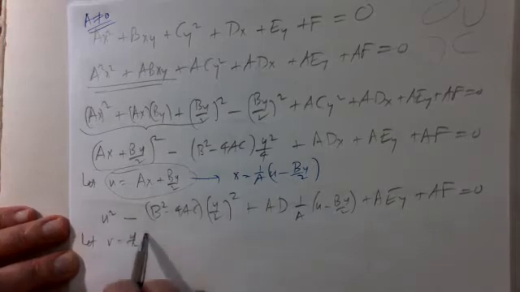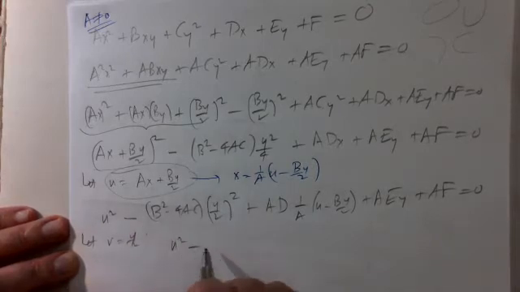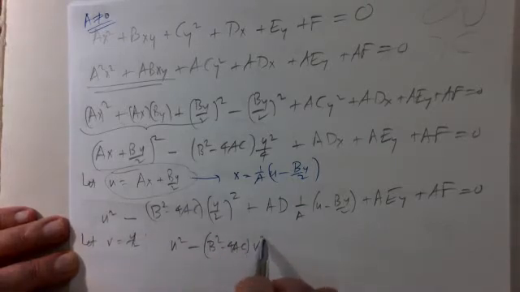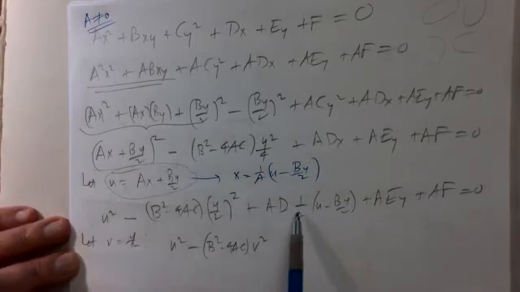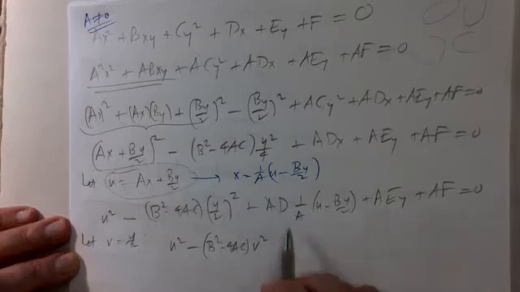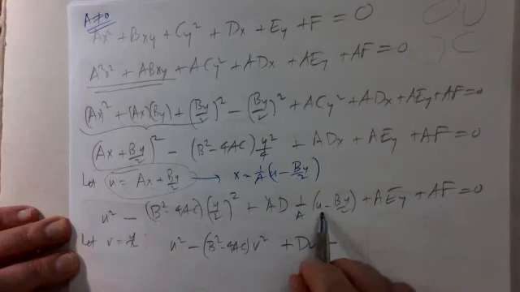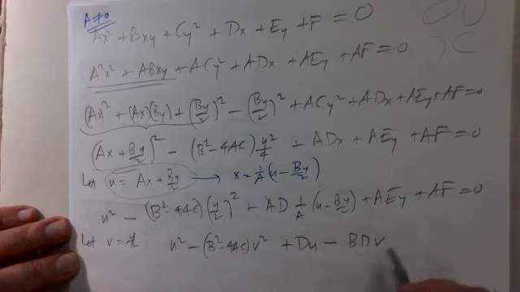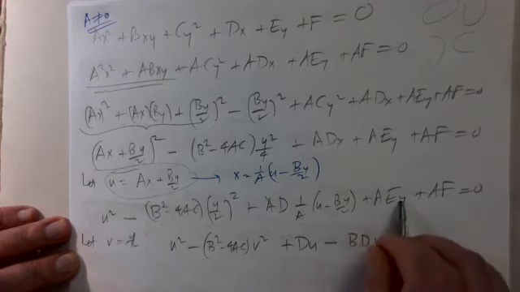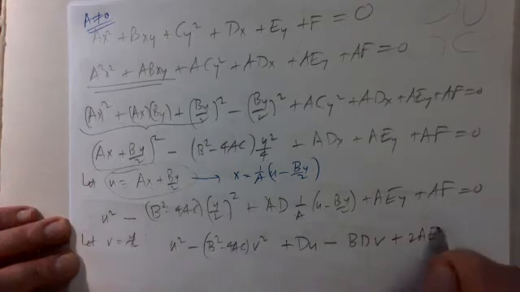So then this equation is u squared minus b squared minus 4ac v squared. If I did this correctly, the a's cancel. I have plus du minus bd times y over 2, bdv, plus aey, that's 2aey over 2, or v, plus af equals 0.